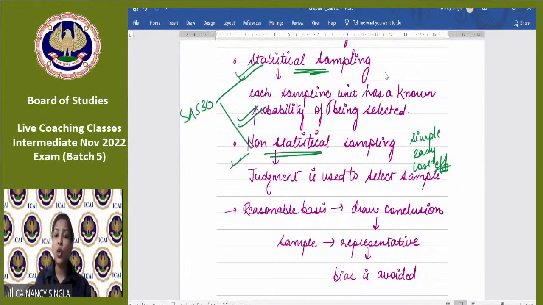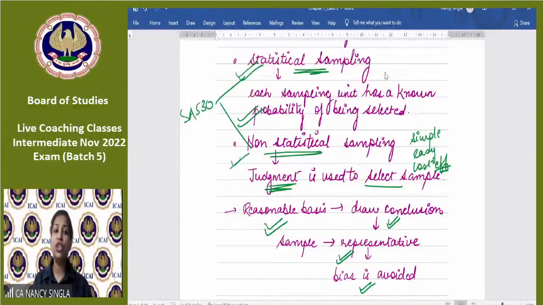Okay? So the auditor's judgment is used. But SA 530 says that since a reasonable basis is required to draw a conclusion, the auditor, when applying his professional judgment, should be sure that the sample is representative of the population, and the factor of bias should be avoided.